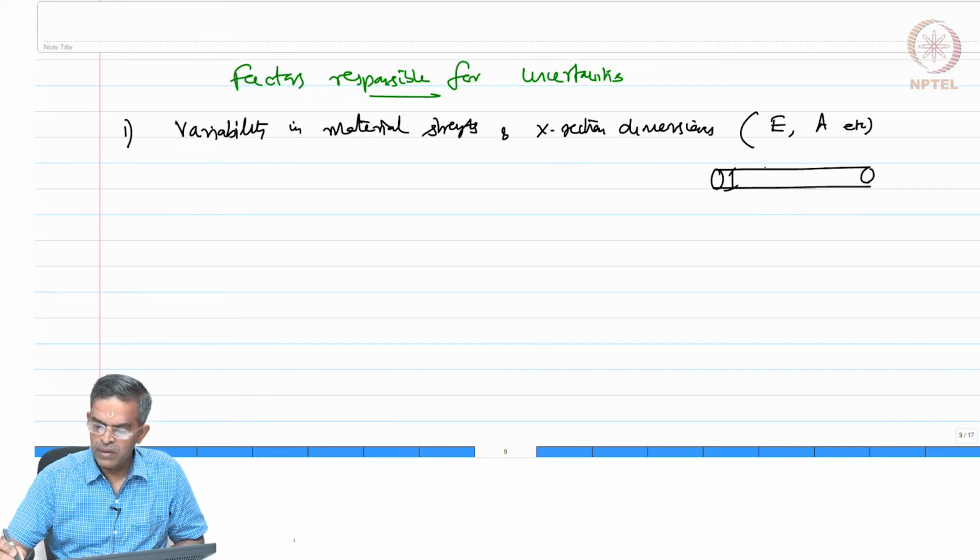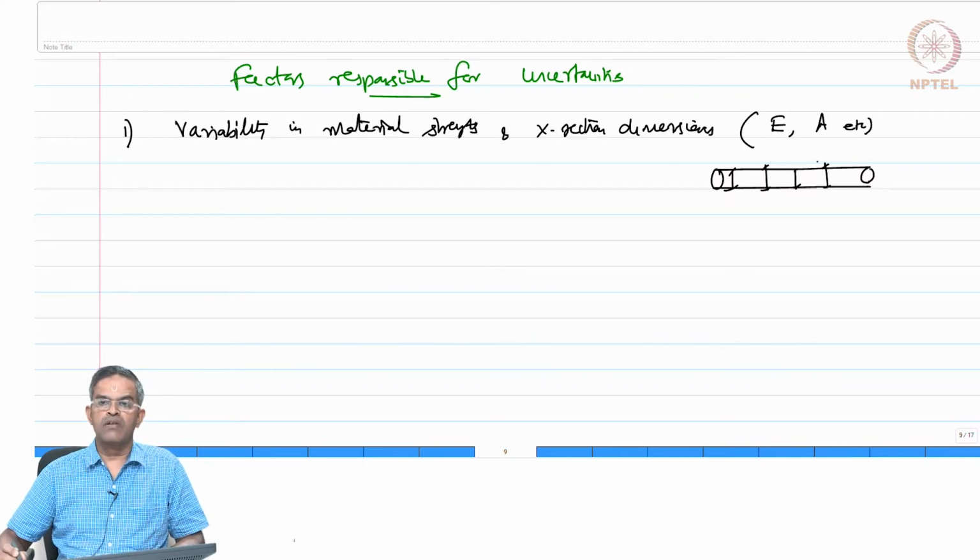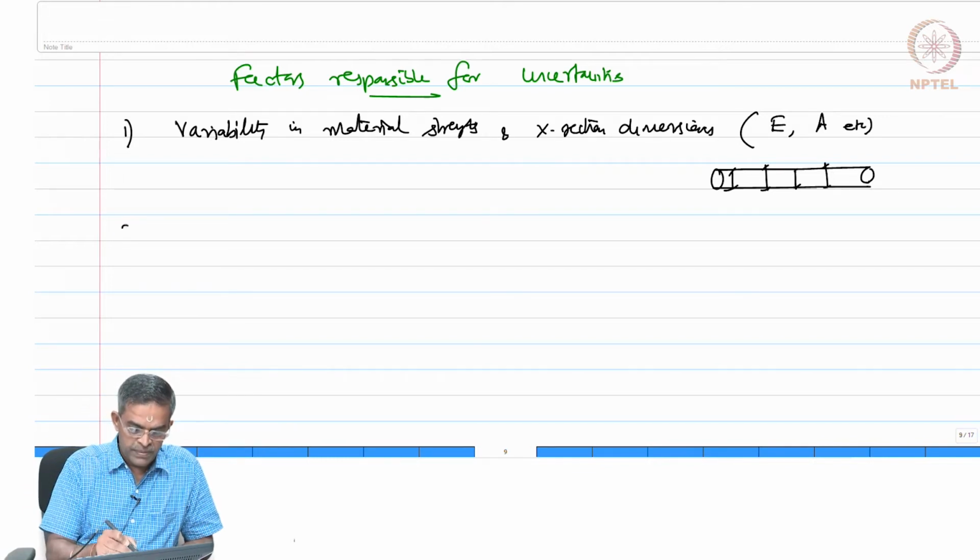The depth or the diameter can slightly increase or decrease along its length due to manufacturing problems. Young's modulus or modulus of elasticity of the material may vary from one batch to another batch of production systems, etc. So, they all will cause or induce variability.